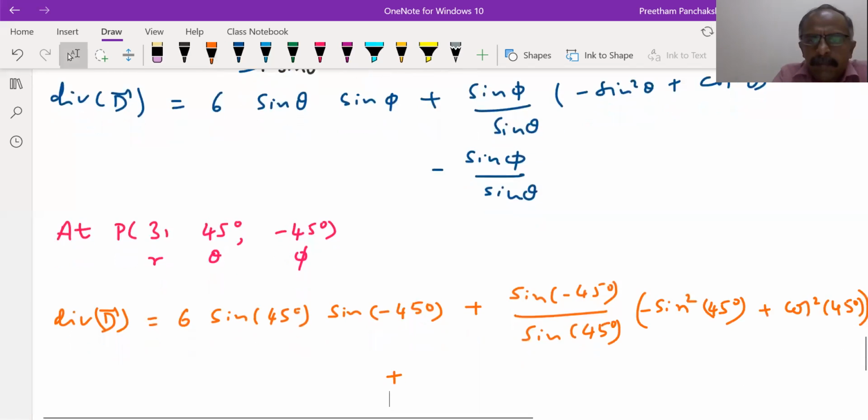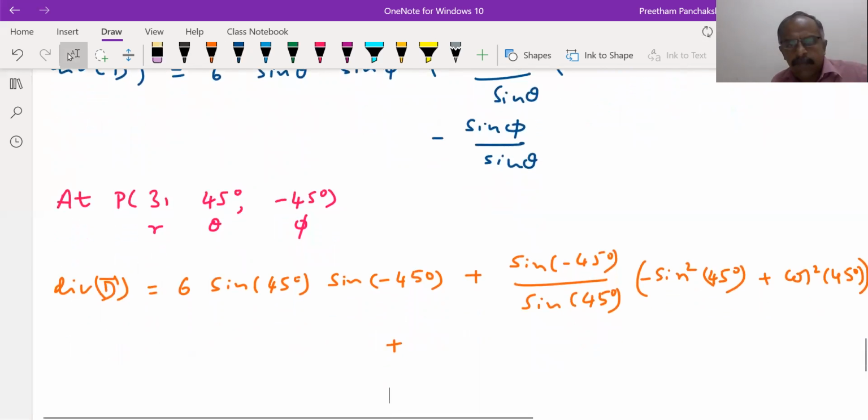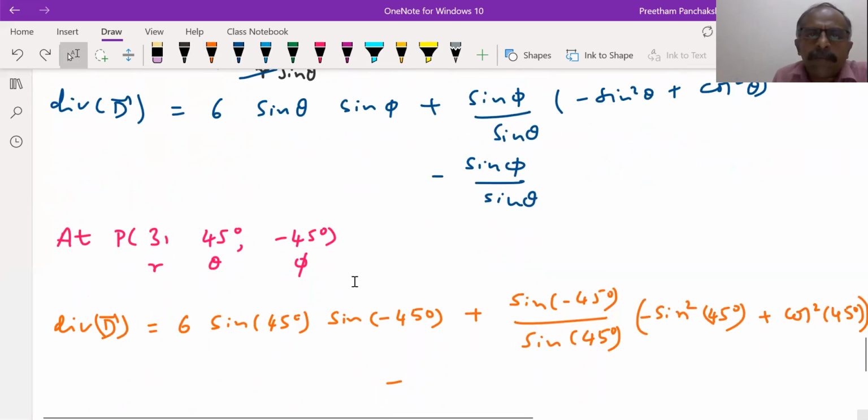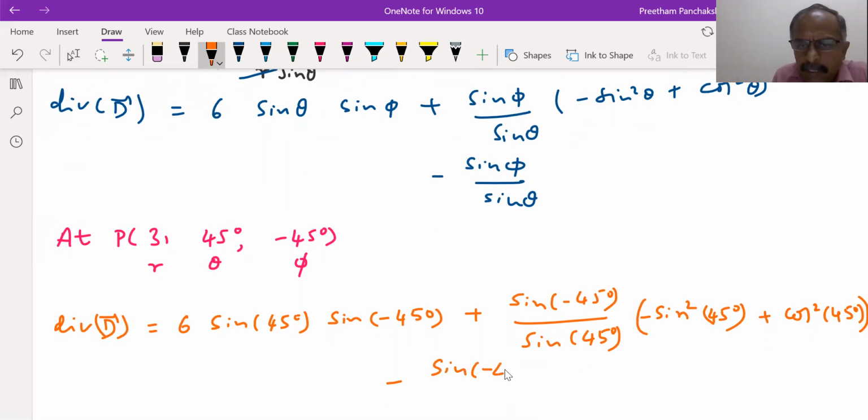The last term is minus sin phi, so sin minus 45 degrees divided by sin plus 45 degrees.